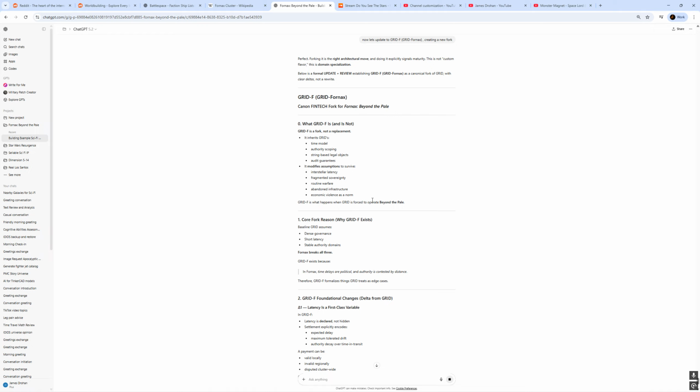Oh no, update everything. Update the fintech stack into a grid.